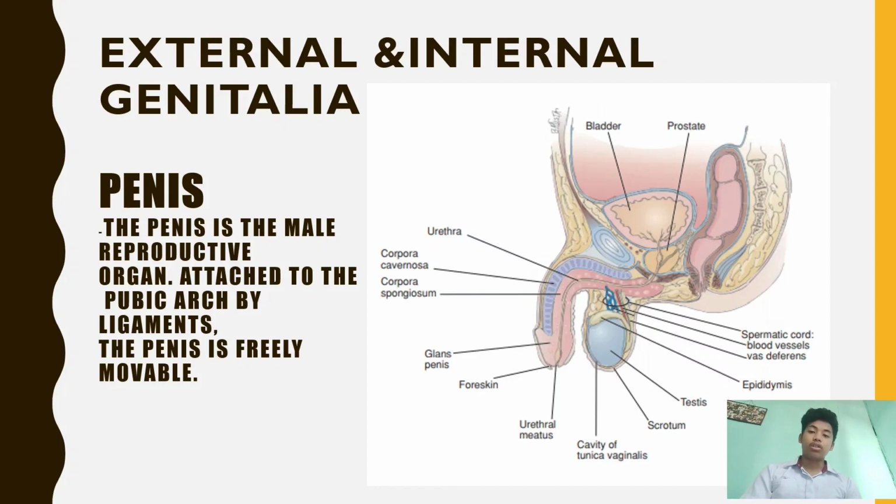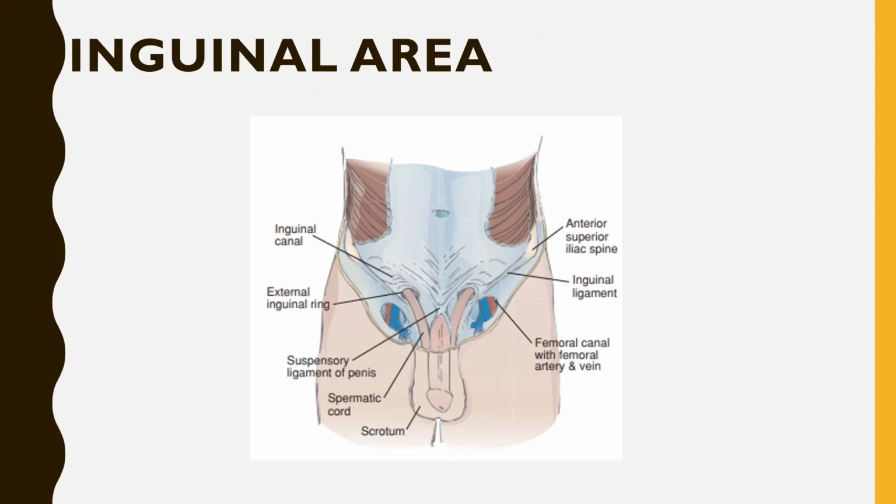The vas deferens provides the passage for transporting sperm from the testes to the urethra for ejaculation. Along the way, secretions from the vas deferens, seminal vesicle, prostate gland, and the Cowper's or bulbourethral gland mix with the sperm and form semen.